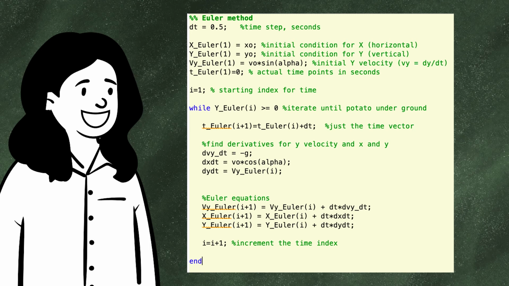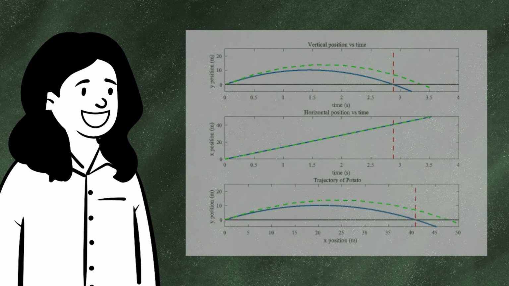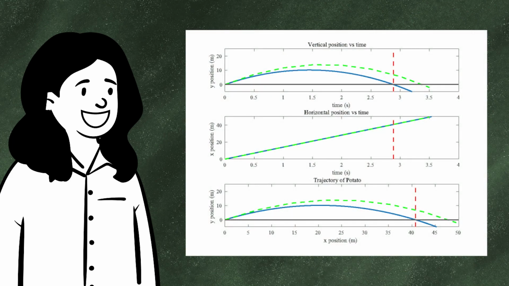And then I'm solving for the x and y positions themselves, also using the Euler method. Finally, I'm going to plot my trajectories on top of the analytical solution plots just to see what happens and whether they're relatively similar. Just as a note, you could definitely take a crack at this by hand, especially given a large time step like 0.5 seconds for this case.